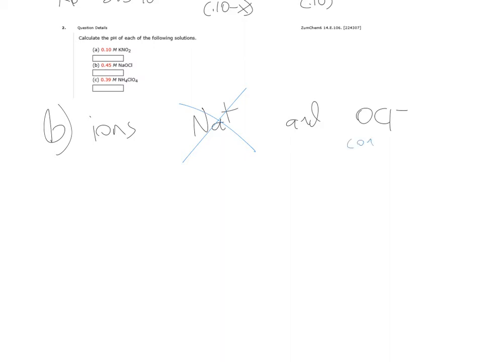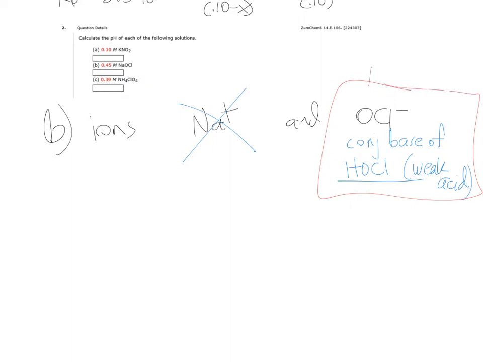For negative ions, we always picture it as a conjugate base of something. We can find that something by adding an H to it. HOCl, hypochlorous acid. That is a weak acid, and that means that the negative ion is important in determining pH.